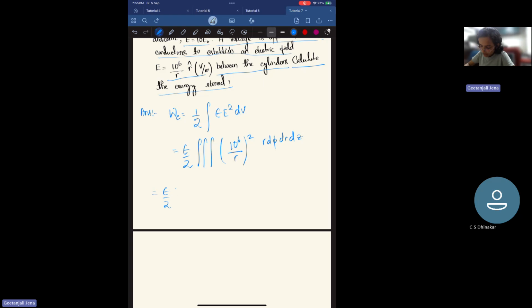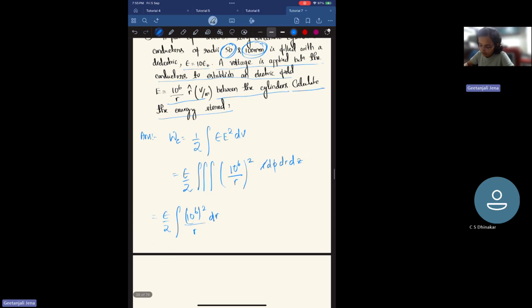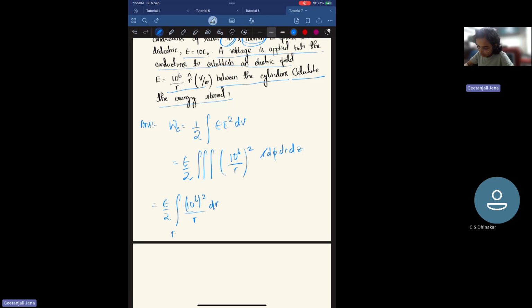Epsilon by 2, 10 to the 6 whole square. One r will cancel with r square, so this will give dr by r. And the limit for r is 50 millimeter to 100 millimeter. So r is 0.05, 0.1.